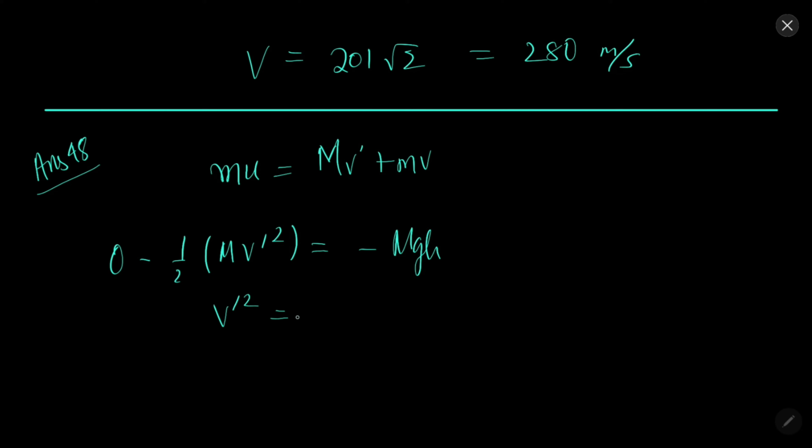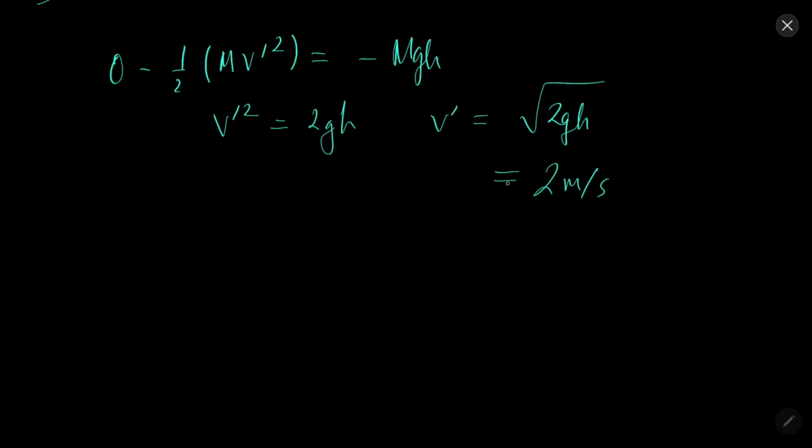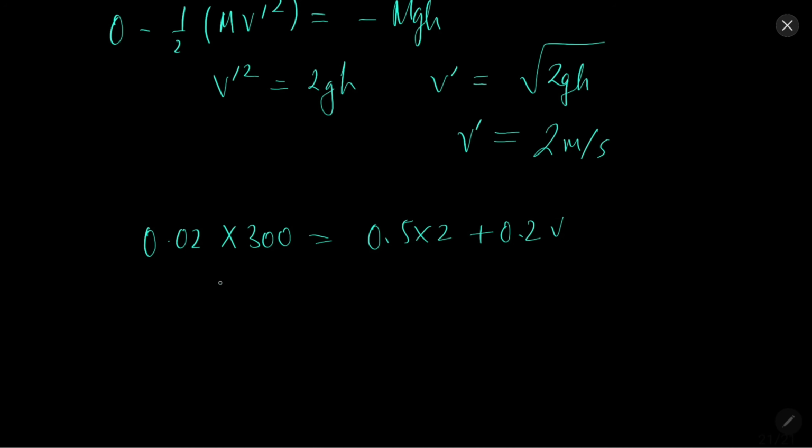So v dash square equals 2gh, v dash equals root 2gh, which comes out to be 2 meters per second. Now substituting this value, we get 0.02 into 300 equals 0.5 into 2 plus 0.02 into v. So v will be 250 meters per second.